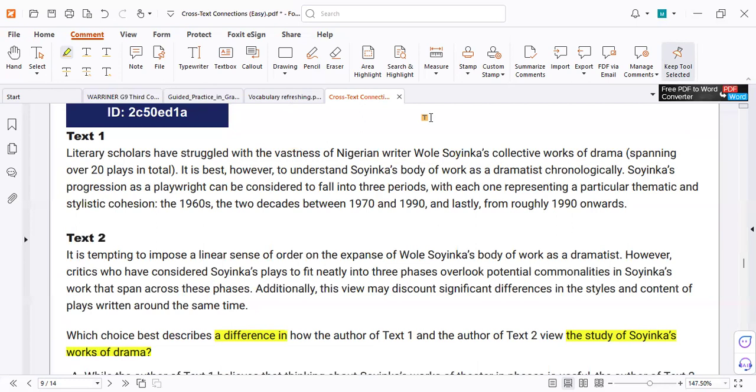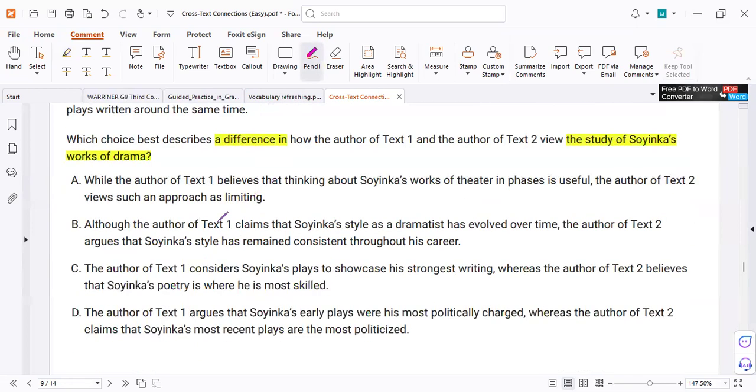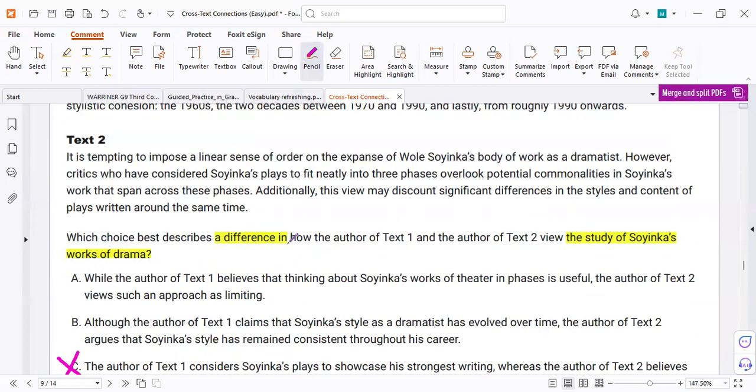He's wrong. So D is wrong. No, I said C. But no C, no D. Let's try together. Remember the difference.